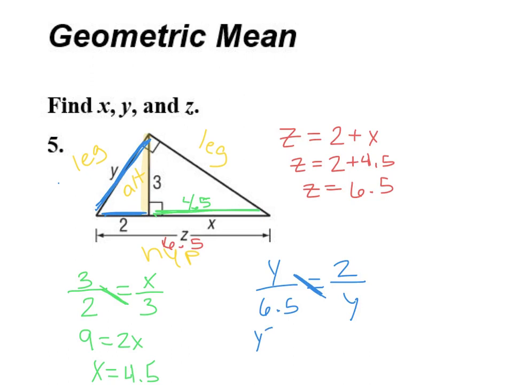That gives us y squared equals 6.5 times 2, which comes out to 13. And then you take the square root, and we get y has a value of 3.60555, which I'm going to round to 3.6.